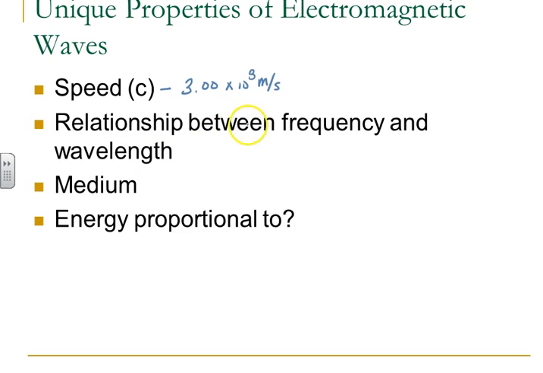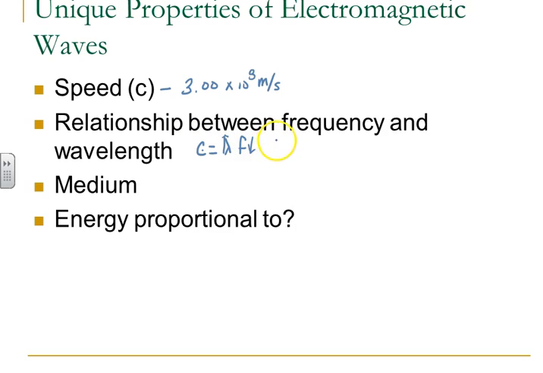The relationship between frequency and wavelength. Speed is equal to wavelength times frequency. And the relationship here is that if this value is constant, as the wavelength increases, the frequency has to decrease. So wavelength times frequency equals a constant.